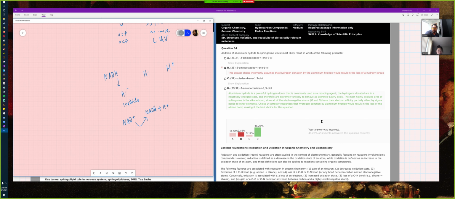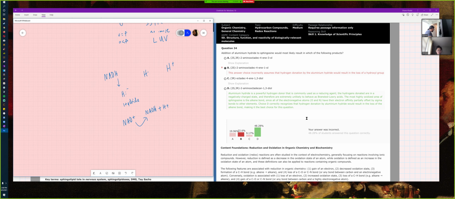If something's a reducing agent, what happens to it? It gets oxidized. Perfect. So if you see aluminum hydride, just think of it as a reducing agent.